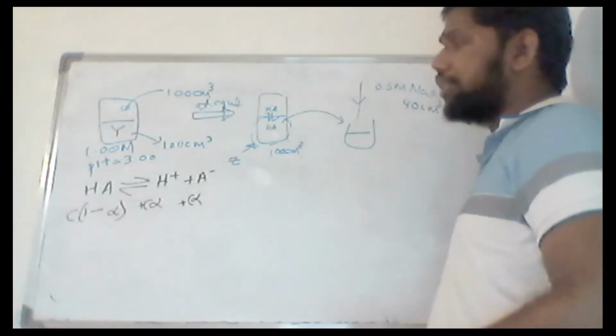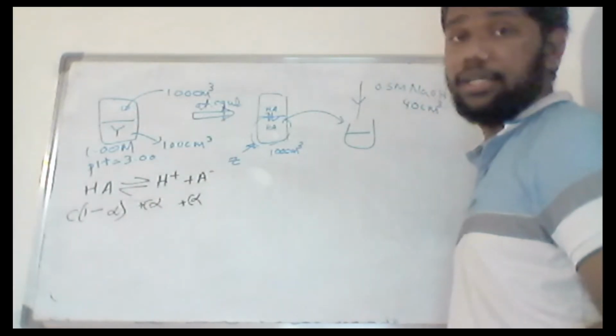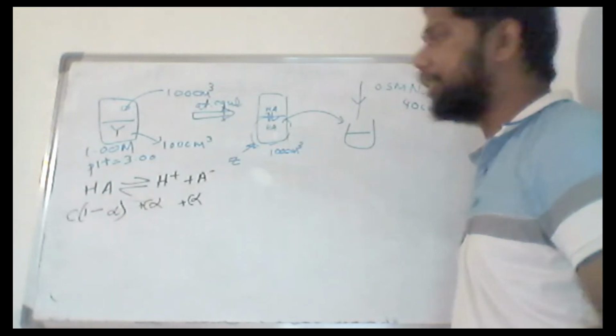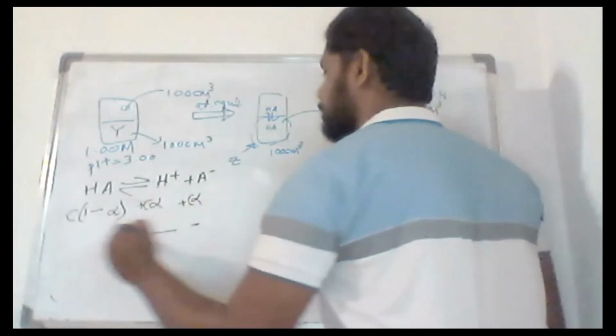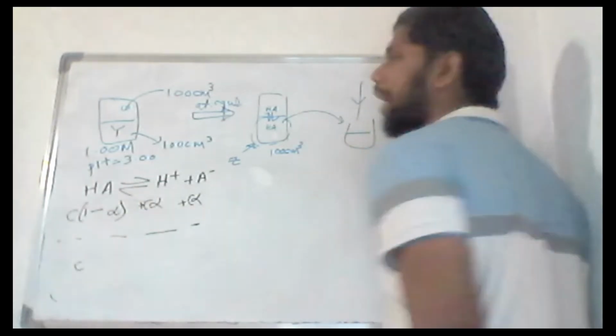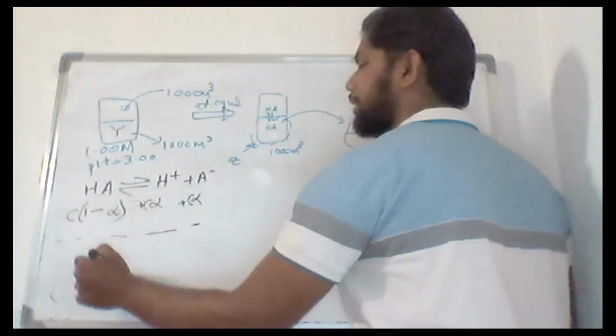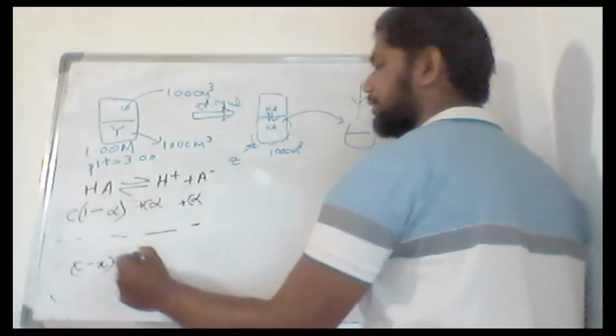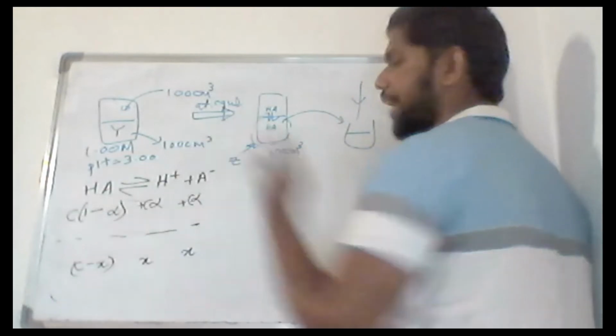This is how you can go directly with the degree of dissociation. Otherwise, you need to go with the normal method. You take this concentration as C and the dissociated amount as X. So this will be C minus X, this will be X, and this will be X.